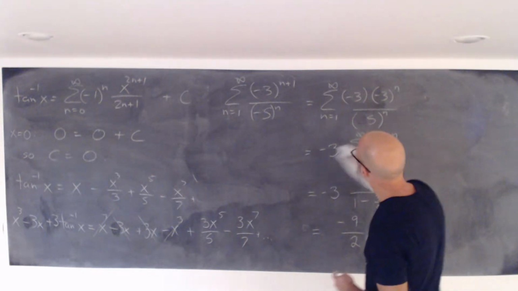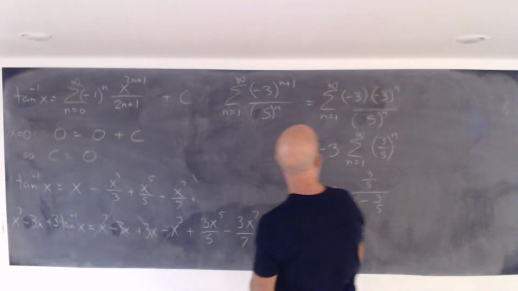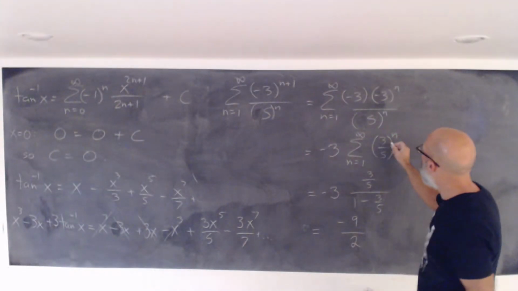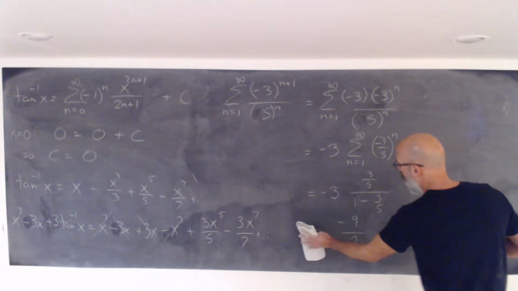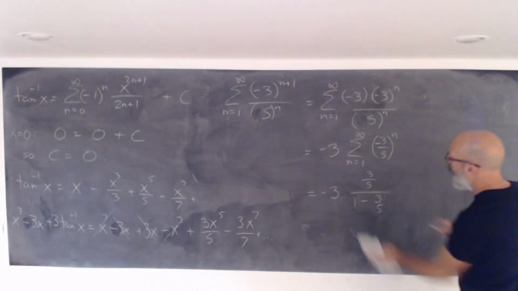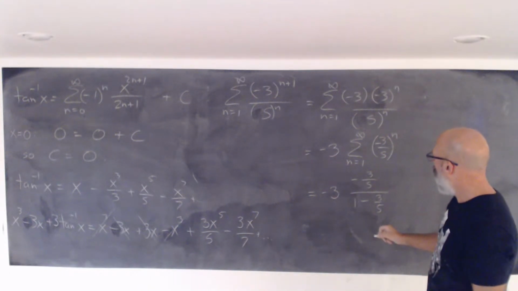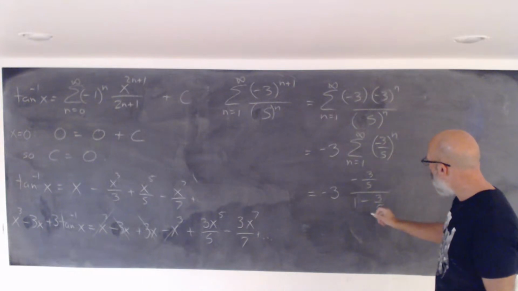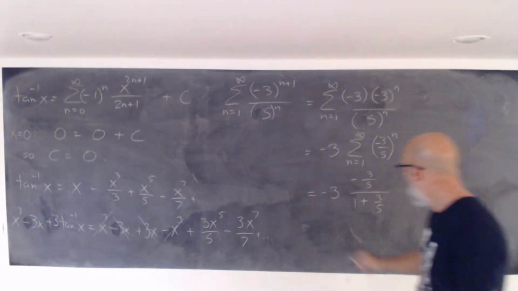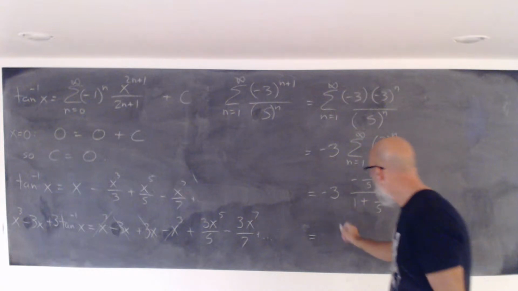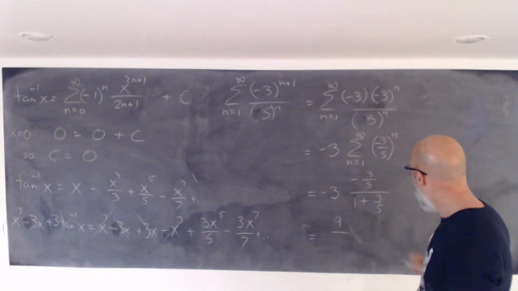Fine, let's change it. So this is going to be negative then. And then it's first term over 1 minus negative 3 over 5. So that is now 9 over 8.